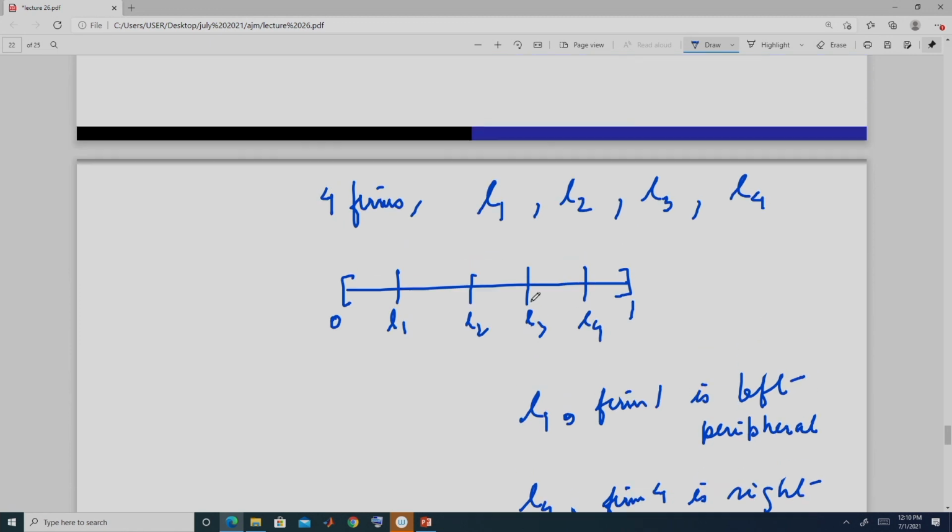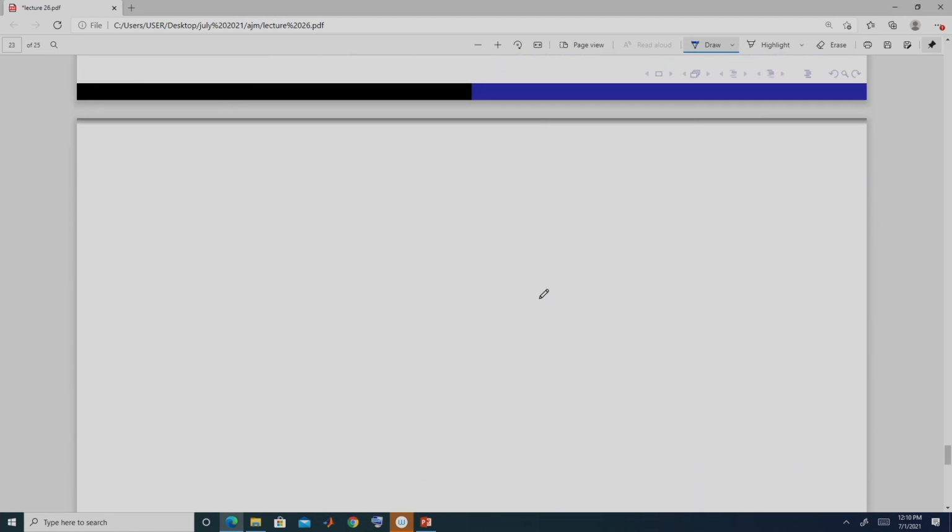If L2 and L3 are fixed, farm 1 will locate here adjacent, and farm 4 will locate here adjacent. So, in this case, what is going to happen?